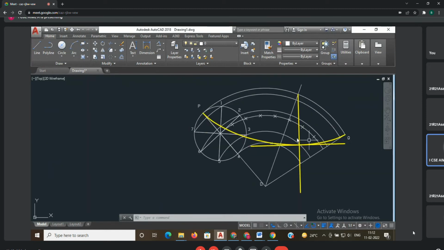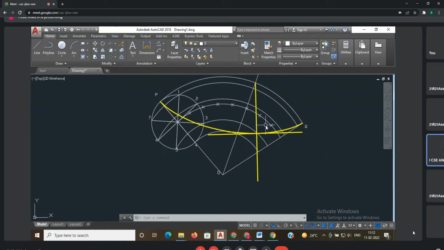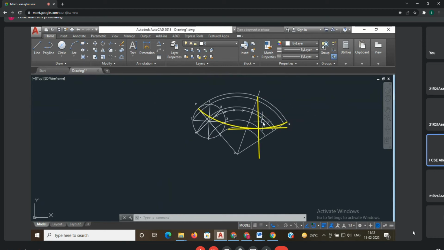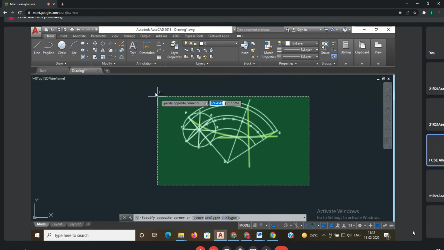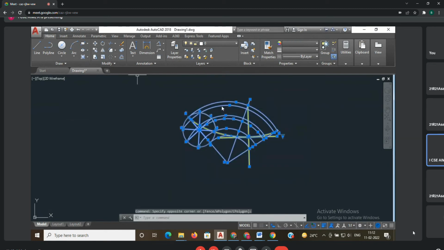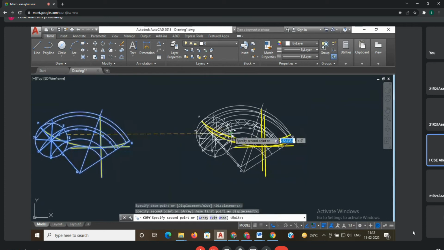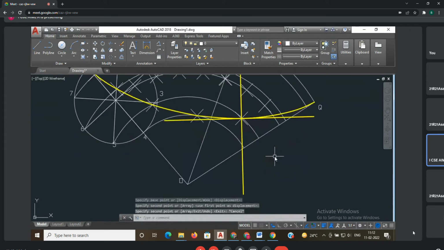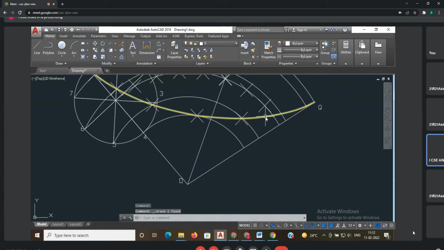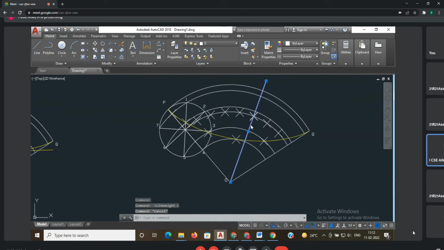Suppose, for example, I will just copy this. Suppose you don't have this tangent and normal, and the curve is also not highlighted. You have a curve like this.